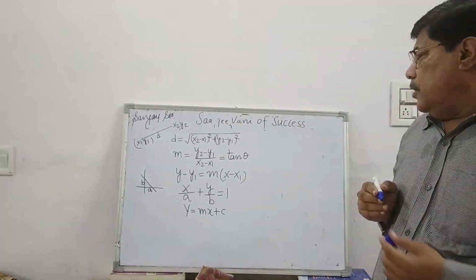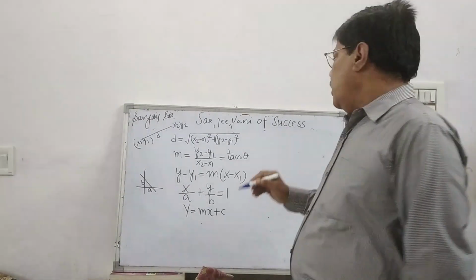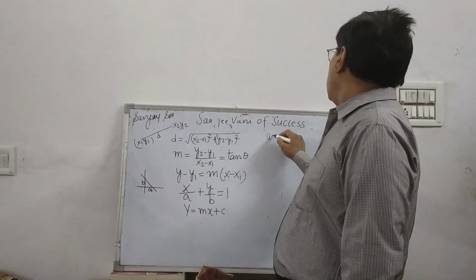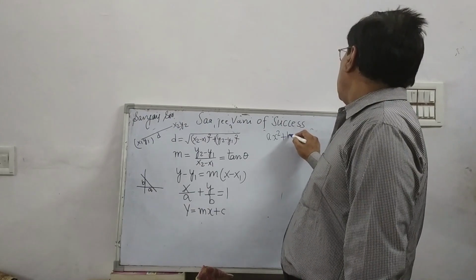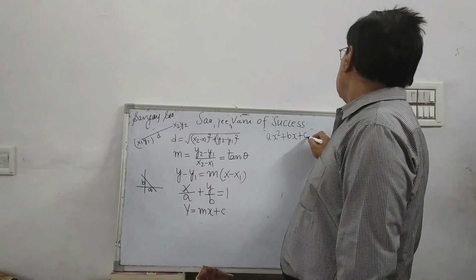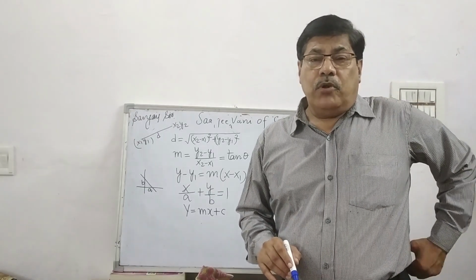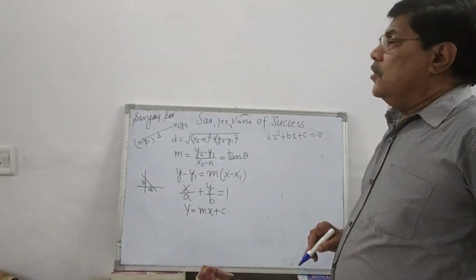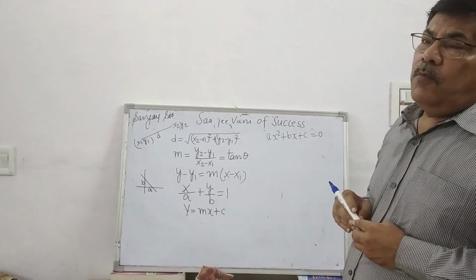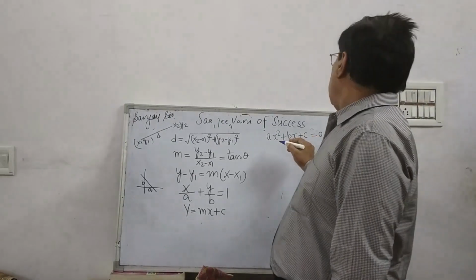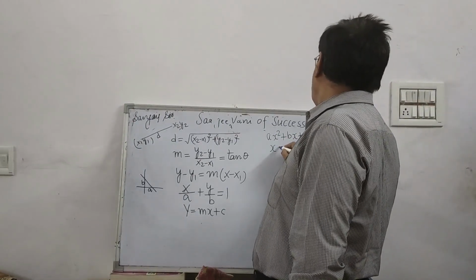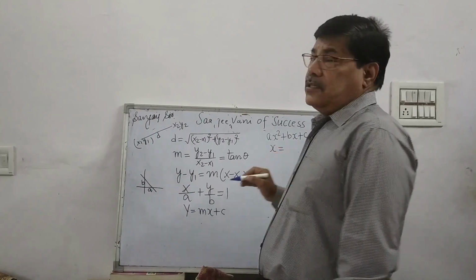Clear? Now suppose a quadratic equation is given to you: ax square plus bx plus c equal to 0. This is the quadratic equation. So how will you find out the value of x? The value of x can be found out by this formula, known as Dharacharya formula.